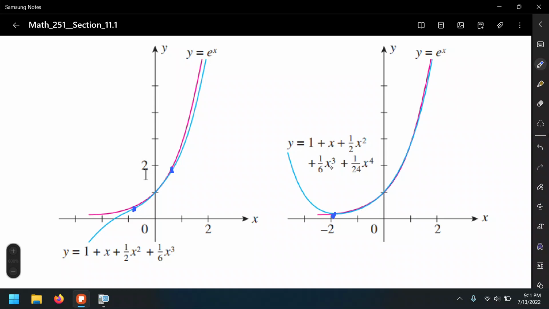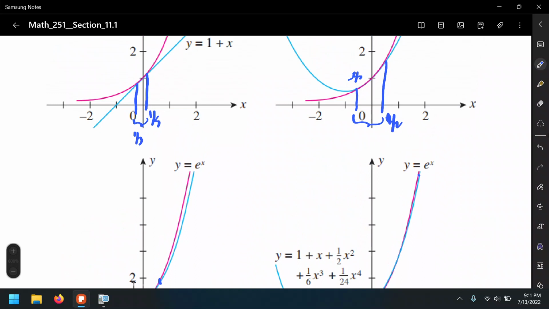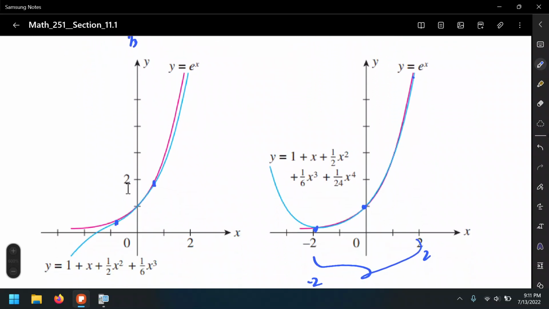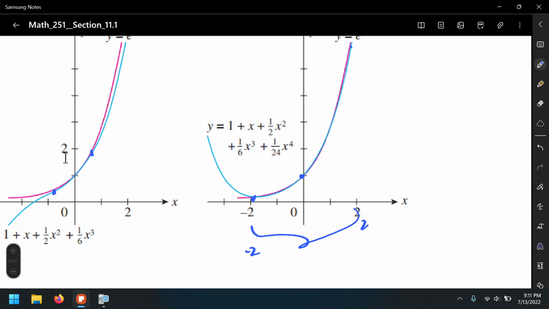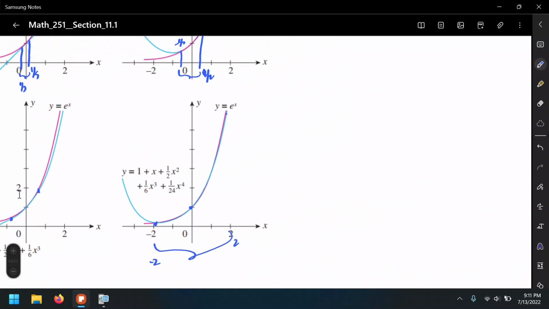We can use a quartic approximation centered at 0 to approximate more values, pretty much from -2 to 2, as opposed to the smaller range here, from 3/2 to 1/2. It's a very limited range. So the more terms we add to the approximation, the better the range of values we can approximate.